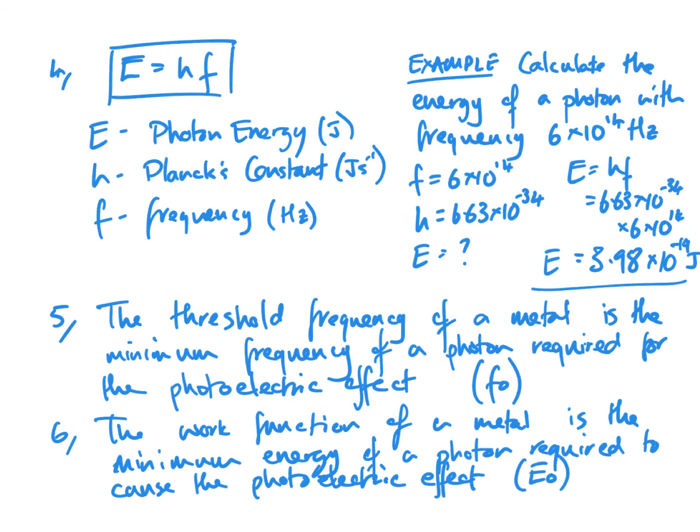So you often see that as E naught, the kind of minimum. So the F naught refers to the minimum frequency, E naught to the minimum energy.